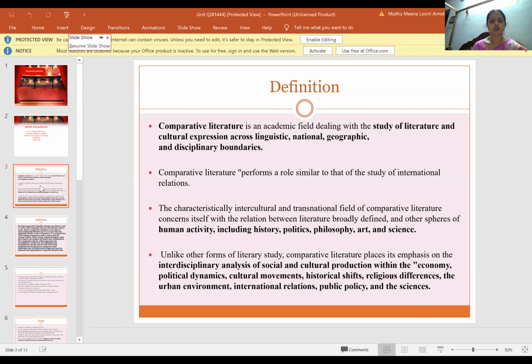Unlike other forms of literary study, comparative literature places its emphasis on the interdisciplinary analysis of social, cultural production within the economy, political dynamics, cultural movements, historical shifts, religious differences, the urban environment, international relations, public policy, and the sciences.